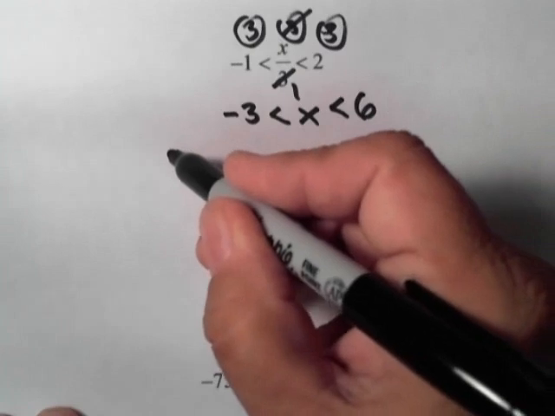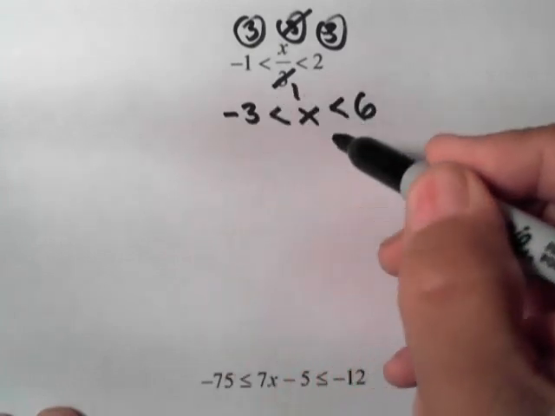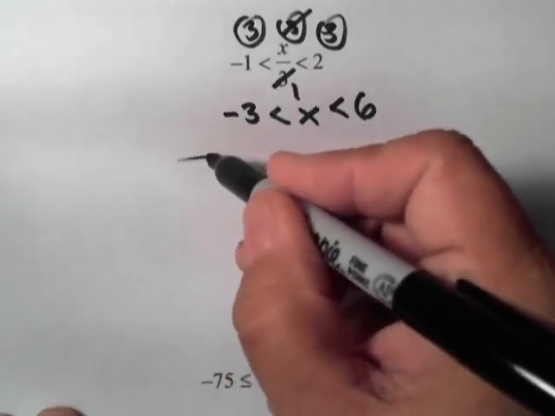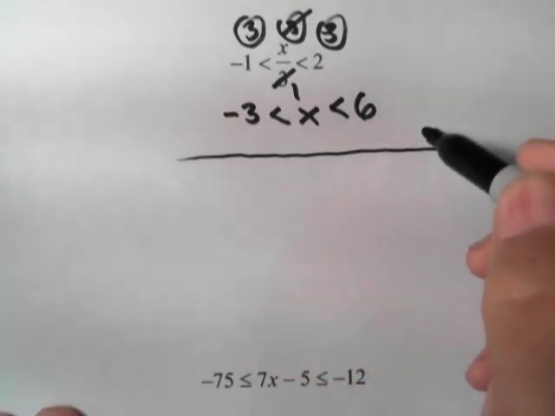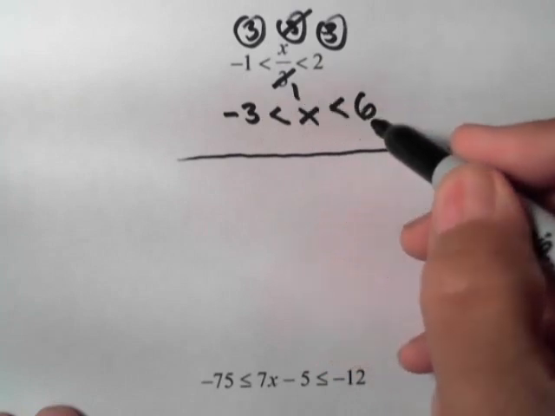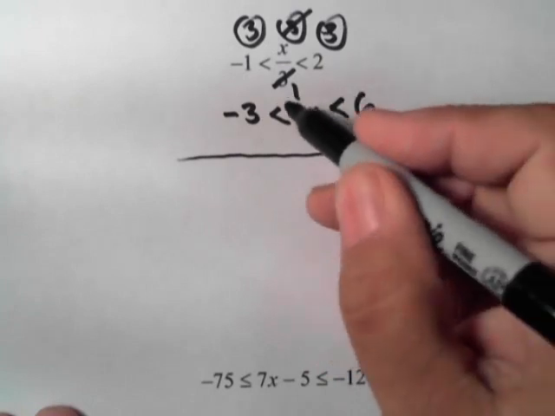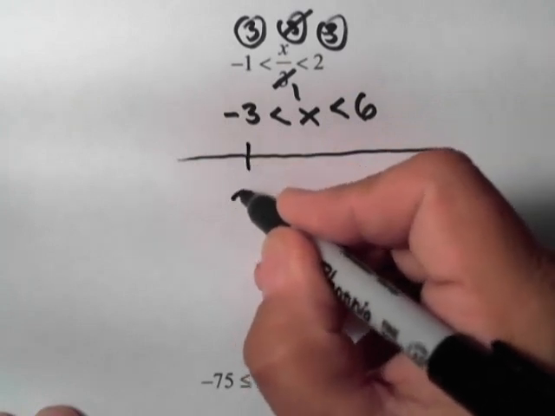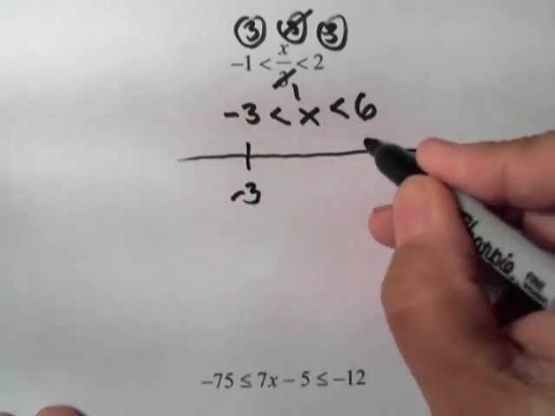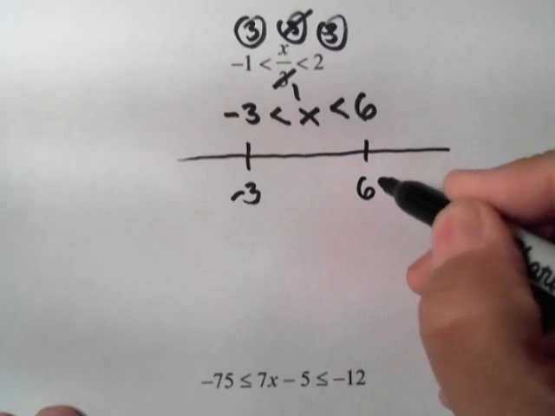Okay, well now we can go ahead and graph up the final solution on this. And in effect here, we've got it done for us right here, because -3 is going to be somewhere over on the left here, +6 somewhere over on the right.